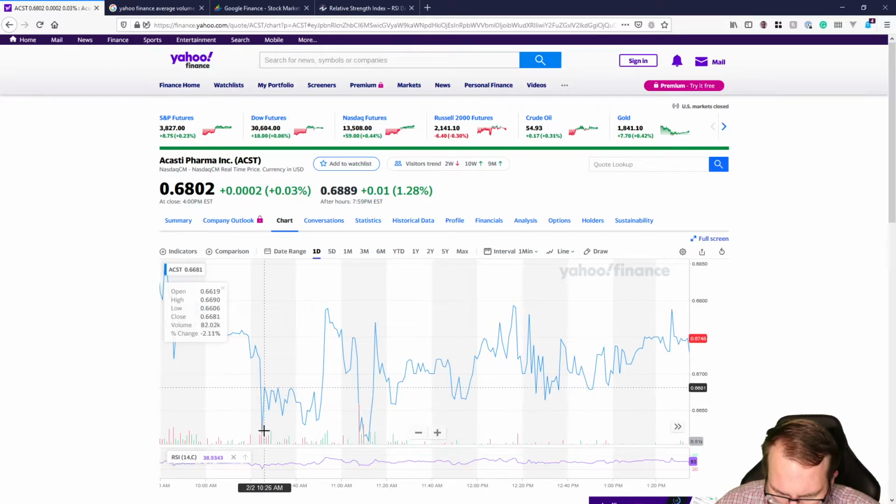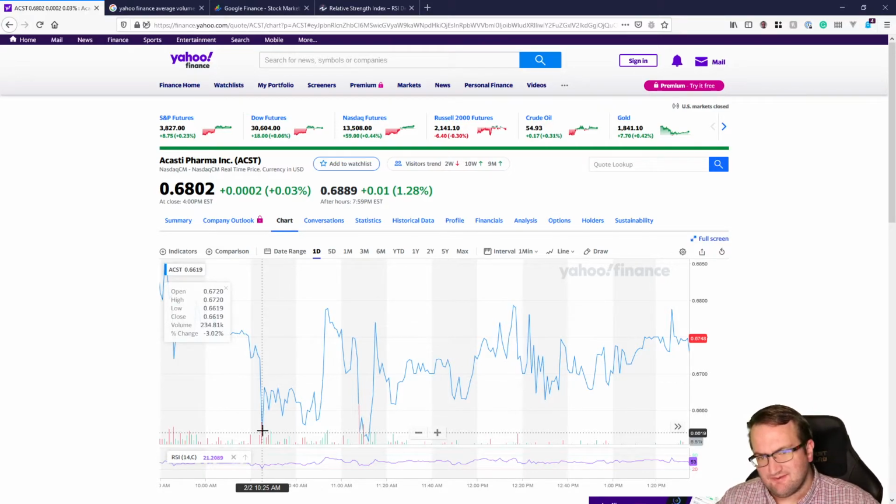And you can see the RSI was at 21. And that meant, from the RSI calculation, that it was oversold. So if you are looking at good entry points, this may be a good entry point for you when you're targeting a specific company.